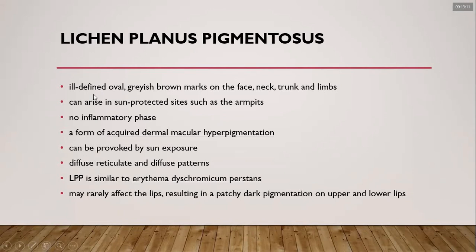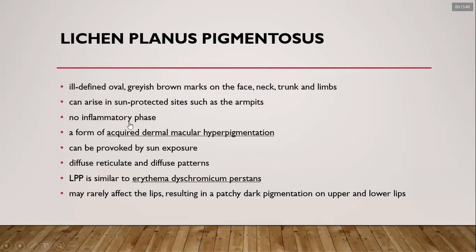They are generally asymptomatic, but many patients might complain of itching. The patient presents with ill-defined oval grayish-brown marks, very diffuse, mostly starting from the face and progressing over the neck, upper chest, and then the upper limbs, and can arise in sun-protected sites like the armpits also.